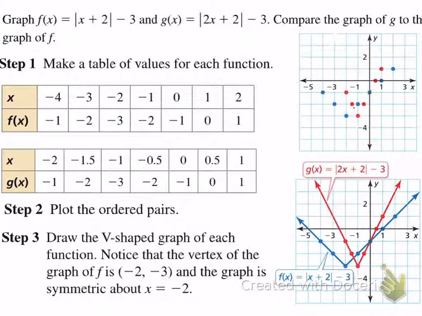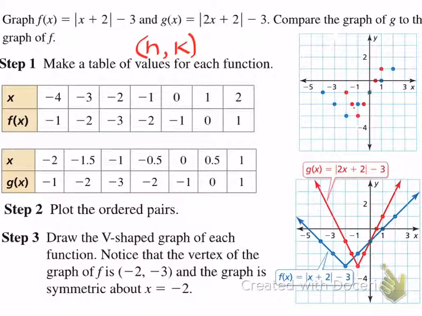Now, let's just look at this. We said that the first one was in vertex form. And our vertex would be what? Remember, it's h comma k. So what is my h here, and what is my k?